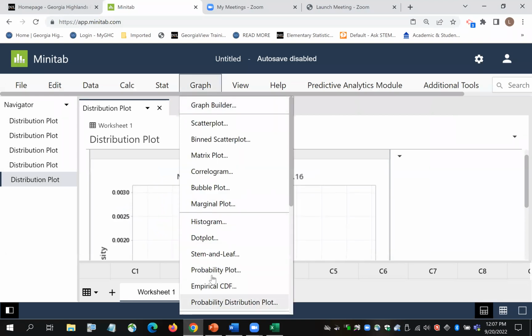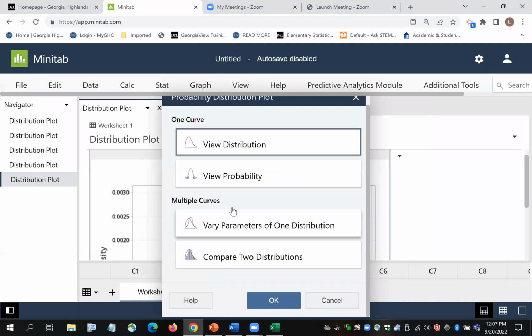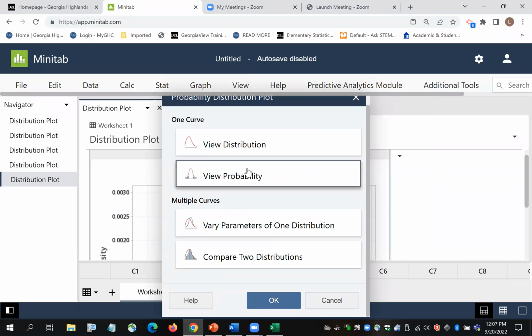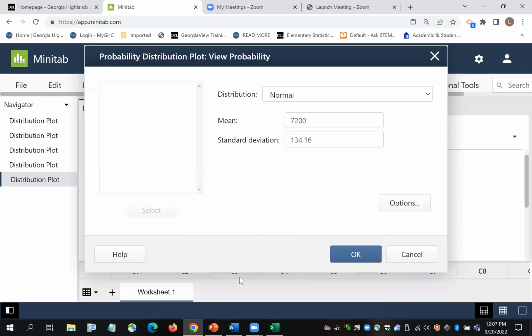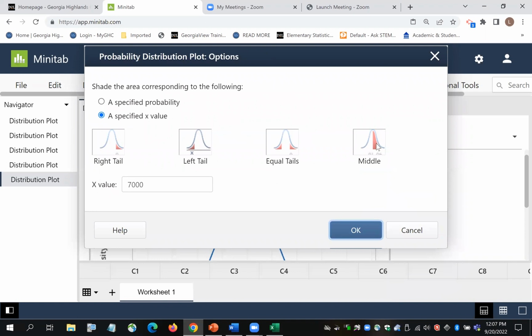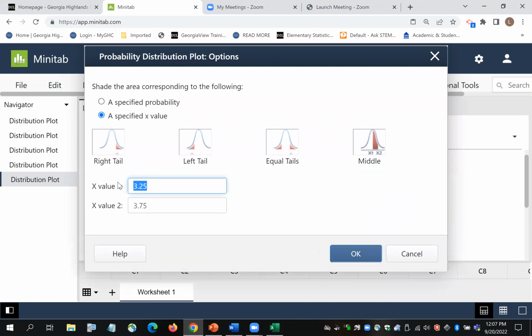Graph, probability distribution plot, view probability. It is normal, mean of 7,200, standard deviation of 134.16. It's a middle, and we want to be between 7,100 and 7,600.